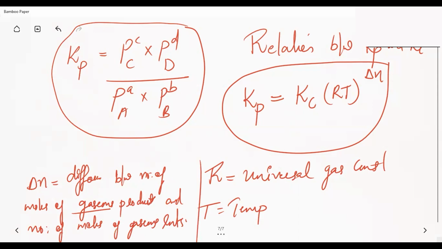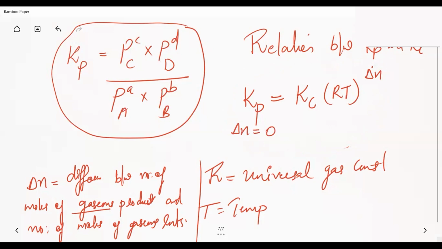Using this equation, we can easily find one more thing. If delta n in this equation is equal to 0, that means Kp is equal to Kc, right?